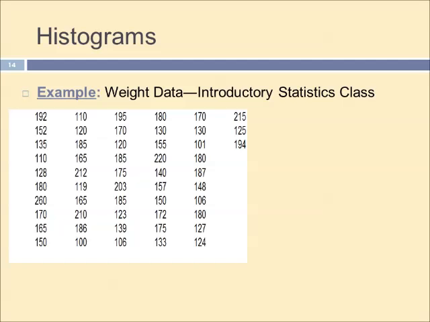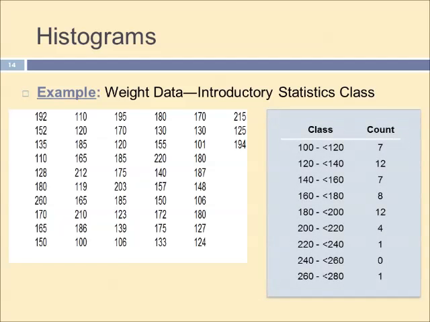So, for example, suppose I have weight data on students from an introductory statistics class. Well, I choose to break up the classes into intervals of 20. I could choose another interval, it doesn't matter. The important thing is that the intervals are all the same width.